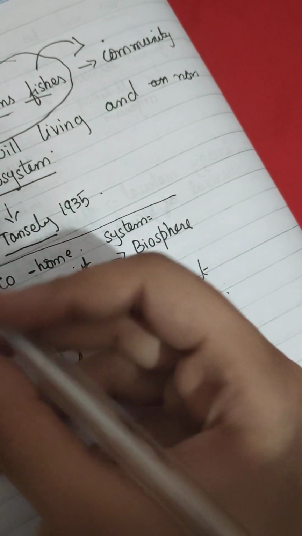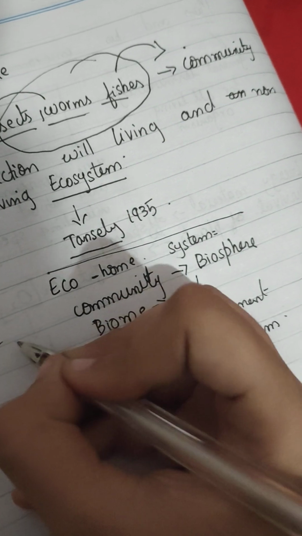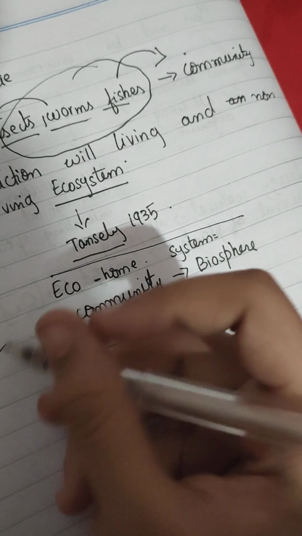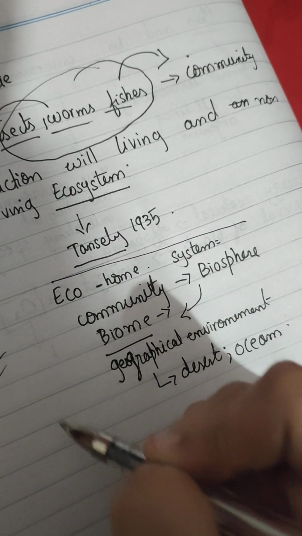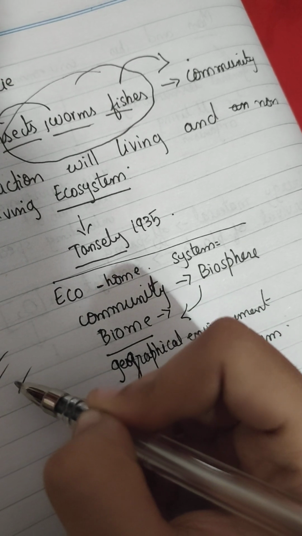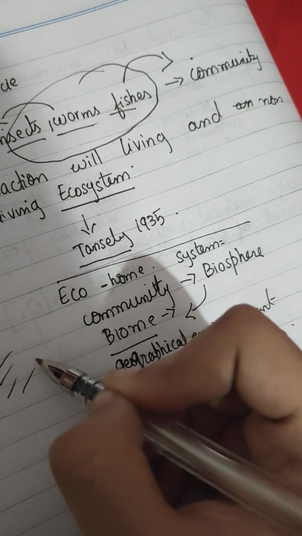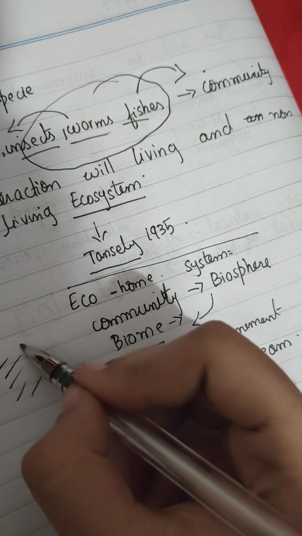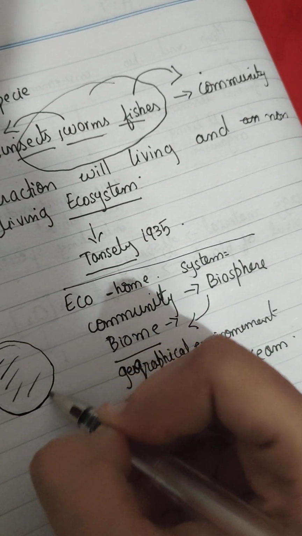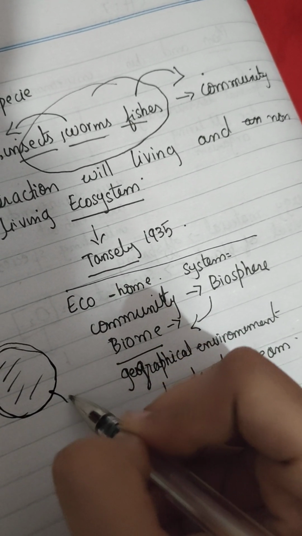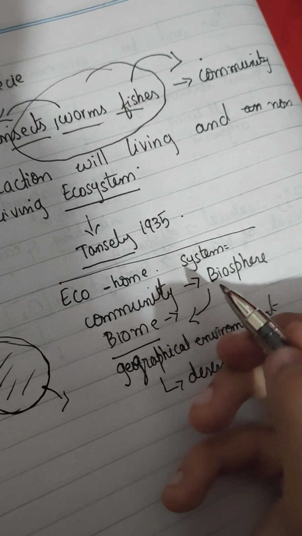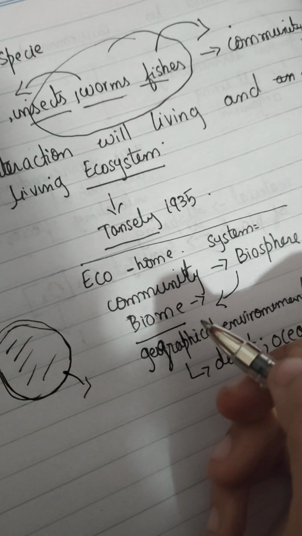All these, species, community, ecosystem, biosphere, and biome, interact, like human beings and living things interact with each other, and this is the rule of life.